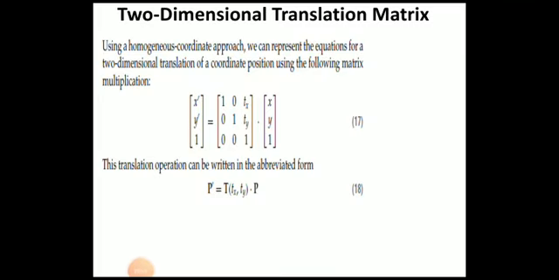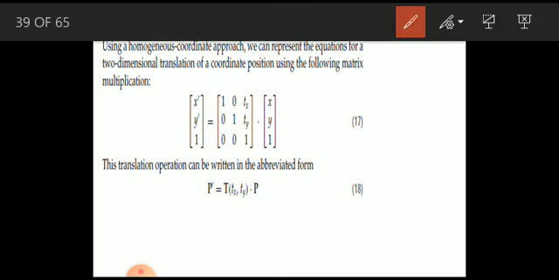Alright friends, so we shall look into the homogeneous representation of two-dimensional transformation matrices. So for translation it is x dash, y dash, 1 is equal to the matrix 1 0 tx, 0 1 ty, 0 0 1 into the column matrix of x, y, and 1.